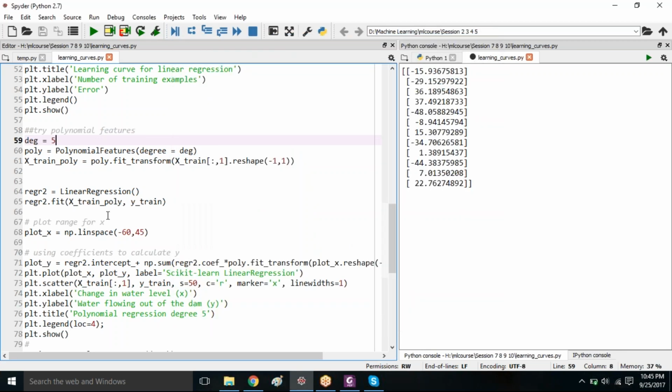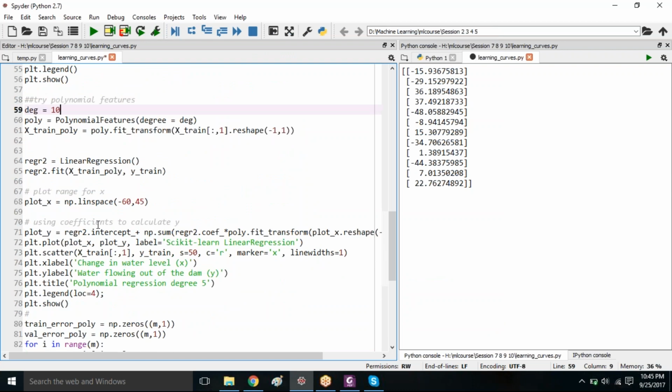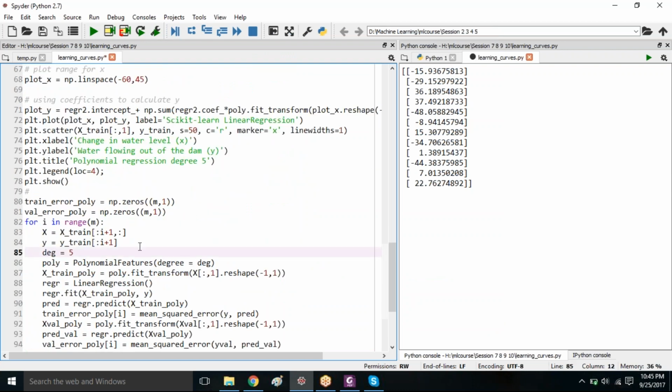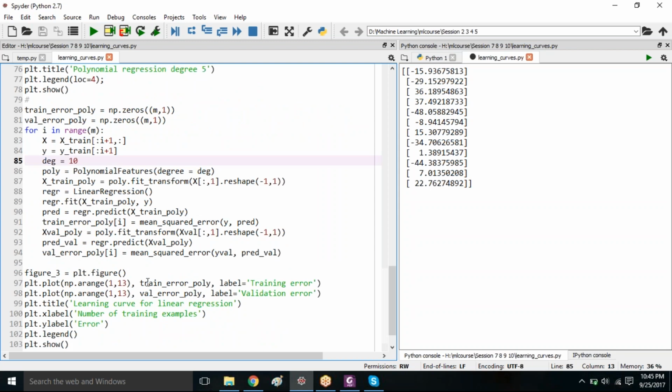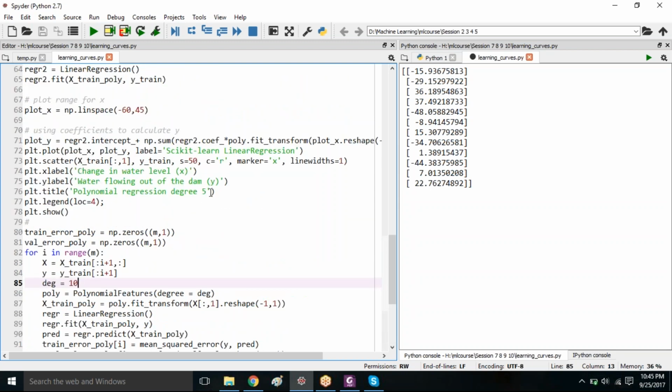But let's say we take a huge degree, say 20. I don't know how it will look, so let's say 10. We will not go that huge, but let's say 10. What I mean to say is, you can play around, although the data points are very few. When you get an actual problem, you will get at least 100 or 200 data points, isn't it?